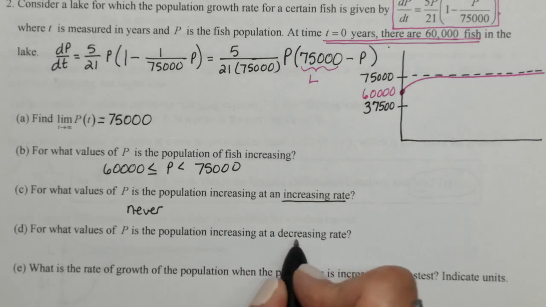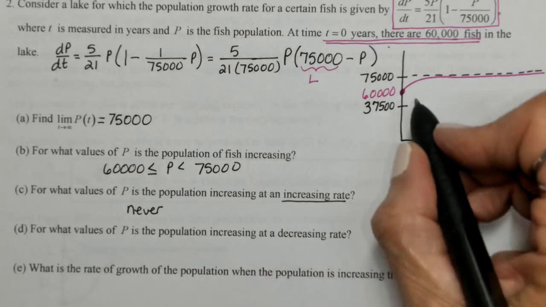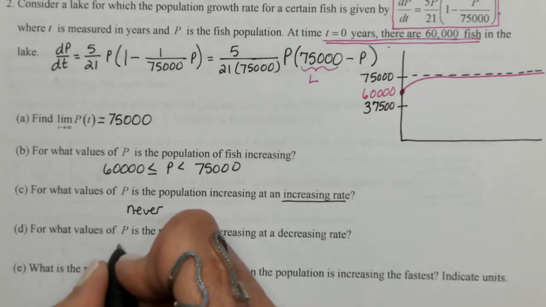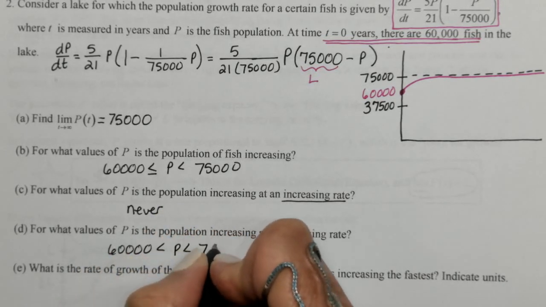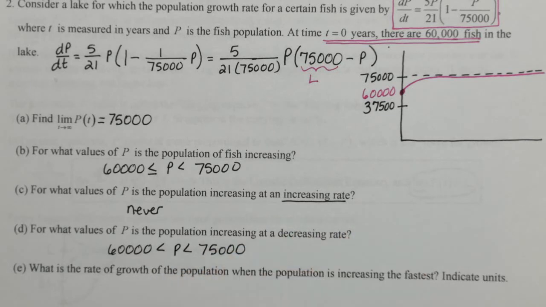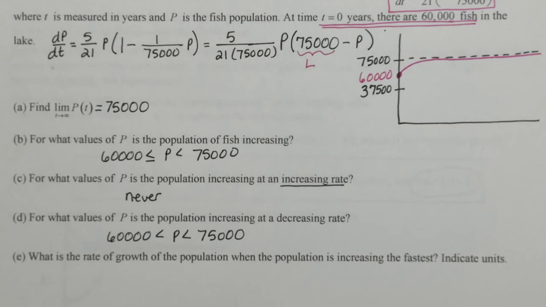So increasing but concave down. That's all these values. So 60,000 to 75,000. And again, we don't include the boundaries for that question for concavity.